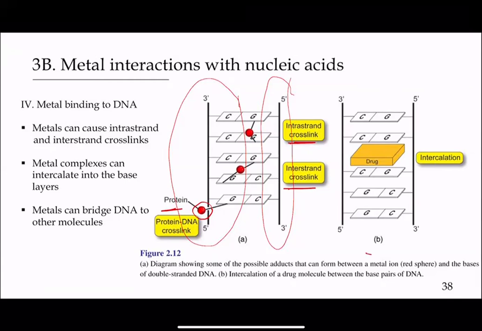But to the right side, in B, we have another layer of binding interaction. That layer is of drugs, and we are aware of how drugs can intercalate between the base layers, right? Well, just imagine that you have a metal compound that has planarity and aromaticity to enable it to intercalate into the base layer.